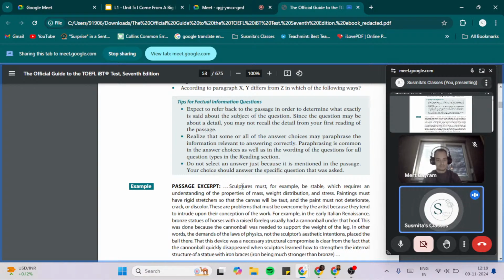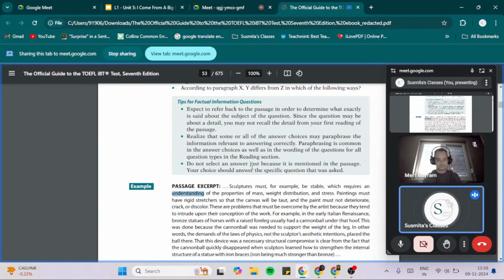If we are talking about sculptures in this paragraph, the word for sculptures will not change, so that becomes your keyword. The properties of mass, weight, distribution and stress might not change either. But words like requires and understanding might change, and they might use synonyms. That is where we have to be mindful.